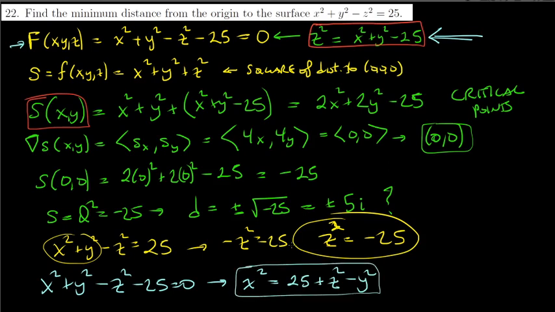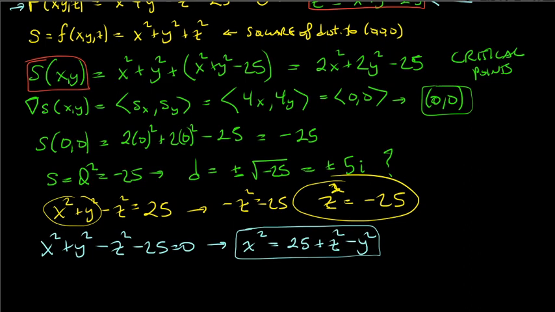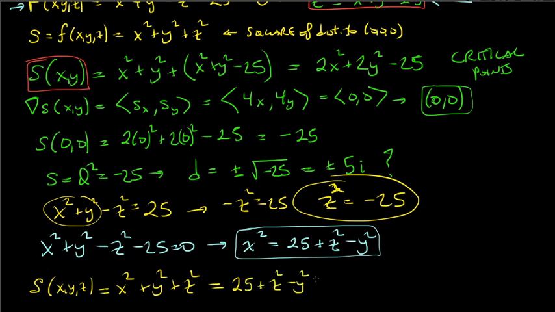Okay. And that is just as easy to plug into the distance function, or the square of the distance function, right? Which is just x squared plus y squared plus z squared. But now we know what x squared is, right? It's 25 plus z squared minus y squared.